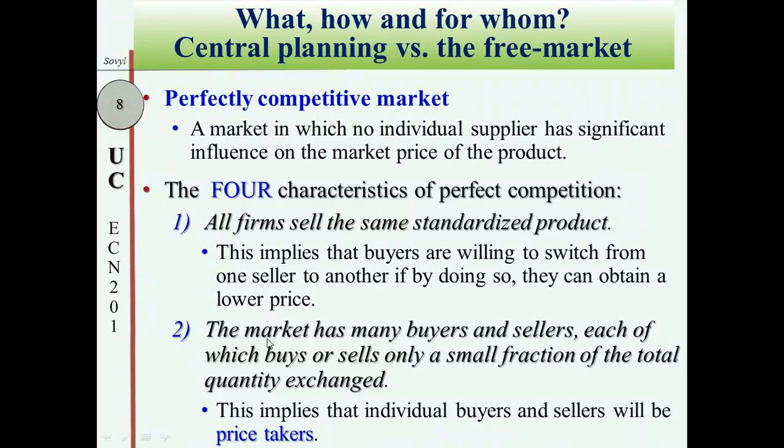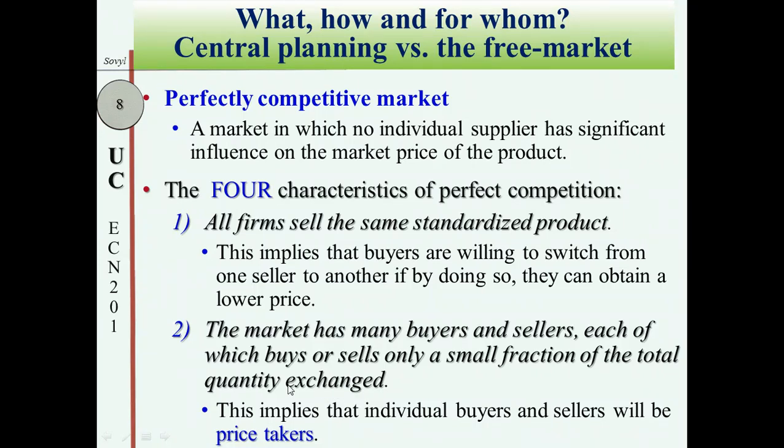Two: the market has many buyers and sellers, each of which buys or sells only a small fraction of the total quantity exchanged. It means that in a competitive market there are many buyers and many sellers. That's why each single buyer or single seller is a small fraction of the total quantity bought and sold.